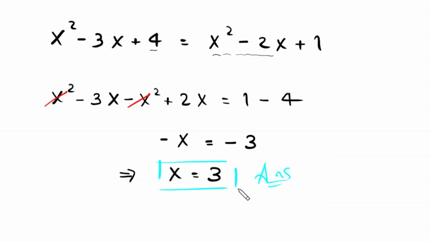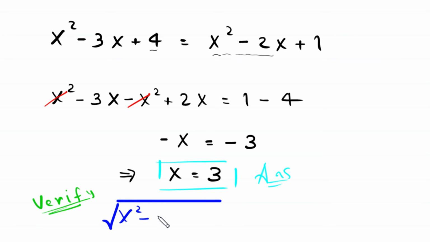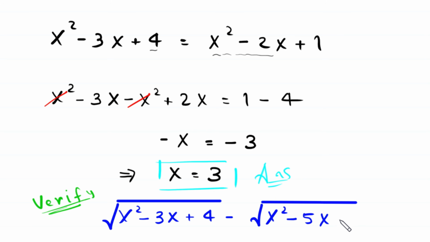Now let's verify whether this solution is valid or not. To verify, we use the original equation. The original equation is square root of x squared minus 3 times x plus 4 minus square root of x squared minus 5 times x plus 7 equal to 1.